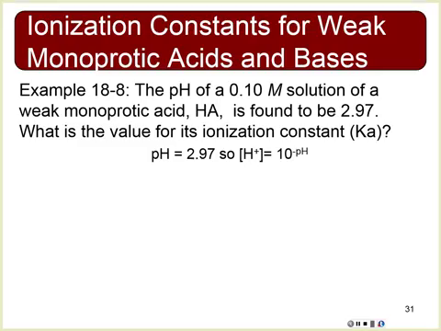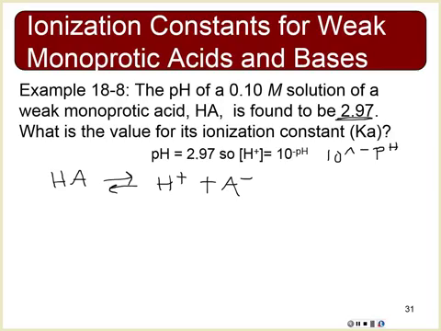Okay, so we've got a weak acid that forms H plus. We're given the pH, so we take 10 antilog to the negative pH, which is 2.97.